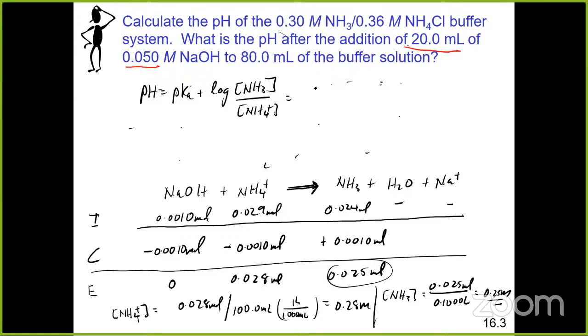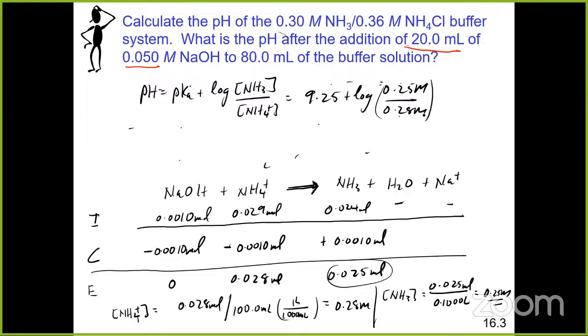So the pKa, if I remember correctly, was 9.25, right? From the first part. So 9.25 plus log of the concentration of the ammonia, which is 0.25 M, divided by the concentration of the ammonium, which is 0.28 M.